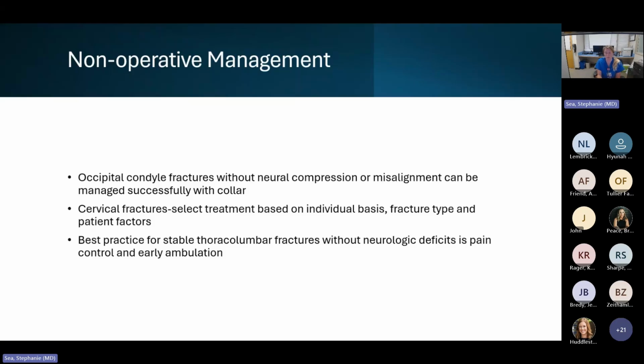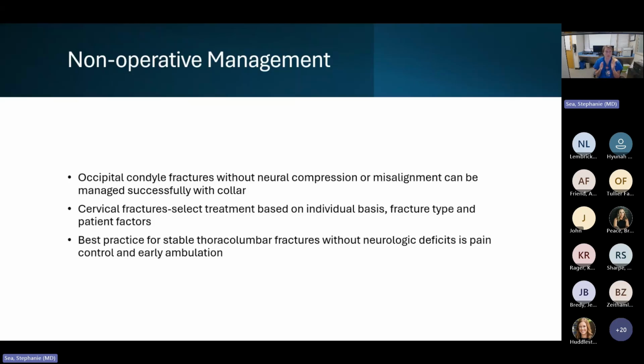The fracture patterns are so specific to the patient's comorbidities and bone structure. Sometimes we watch them and have them bear weight, get up, have some what we call axial loads, and see how the fracture pattern moves. Is it stable, or did it cause so much more compression that we actually have to have more stringent spinal precautions?